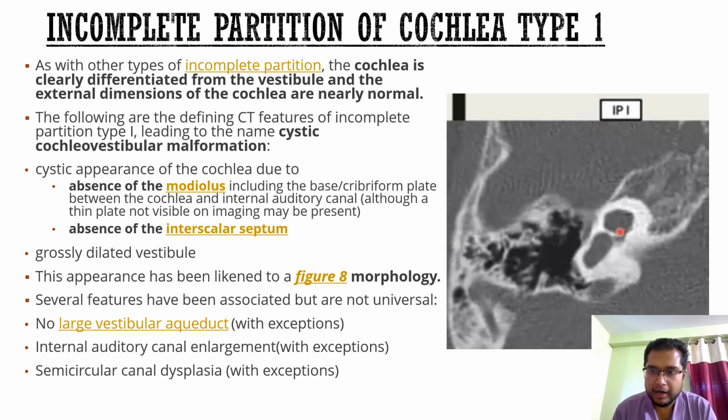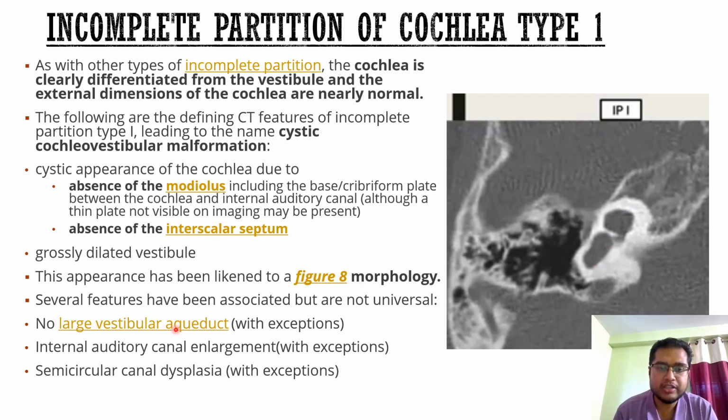But there is complete partition from the vestibule, one, because it is located anterior to the internal acoustic canal. Second, there is normal size of the cochlear structure. There is cystic cochleovestibular malformation giving a figure of 8 appearance. This typical figure of 8 appearance is characteristic of IP1.